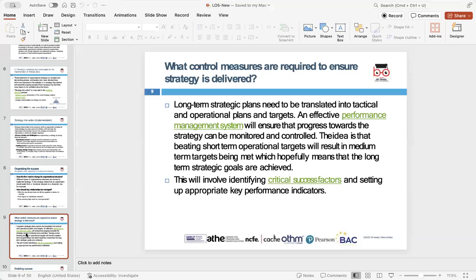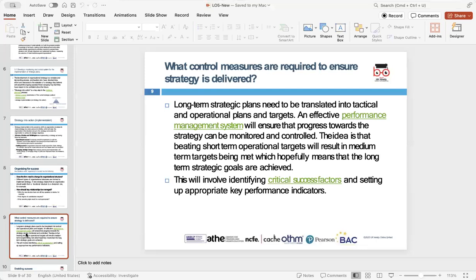What control measures are required to ensure strategies deliver? Long-term strategic plans are essential for organizational success, but they must be broken down into smaller, more actionable tactical and operational plans. These short-term plans and targets enable organizations to monitor their progress and ensure that they are on track to achieve their larger goals.